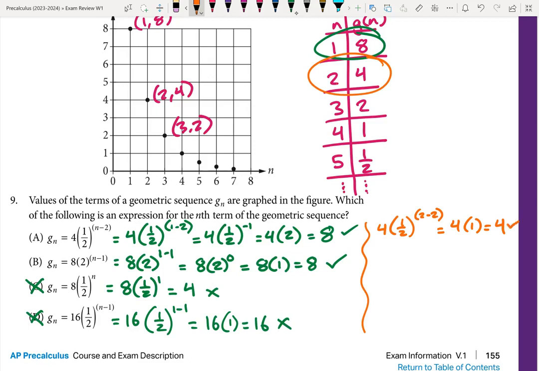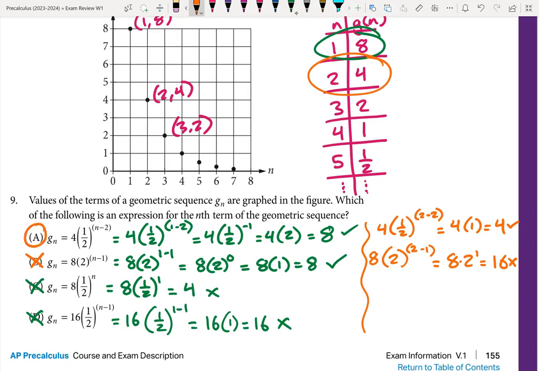And hopefully, let's double check the other one. So that would be 2 minus 1, so that would be 8 times 2 to the first. What does that equal? What's 8 times 2 to the first? Does that give us what we want? So what's our answer? A.